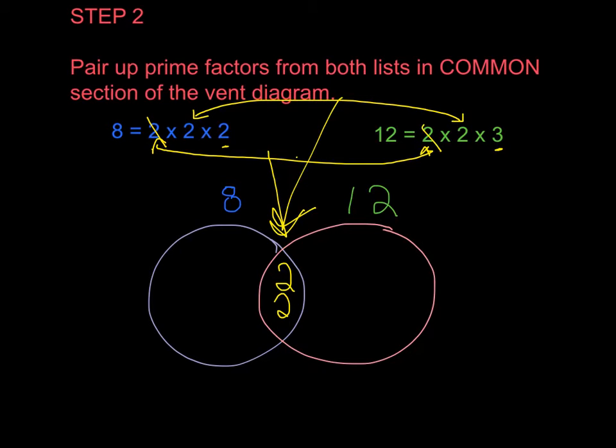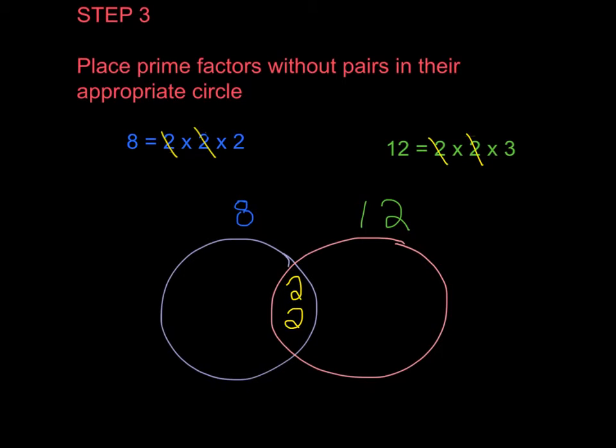Next, let me cross that out and cross that out. We're left with a 2 in 8 and a 2 in 3. With these extra numbers, we go to step 3, which is placing prime factors without pairs into their appropriate circles. The appropriate circle is just, if it belongs to one number, it goes into that circle, or that section of the Venn diagram.